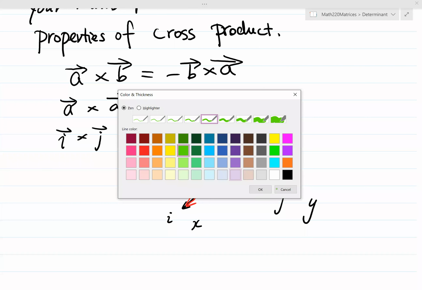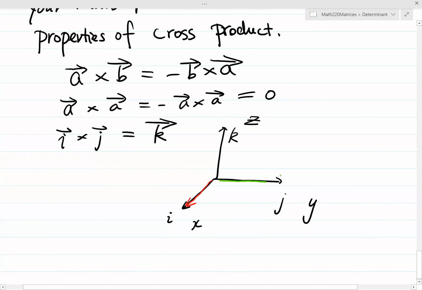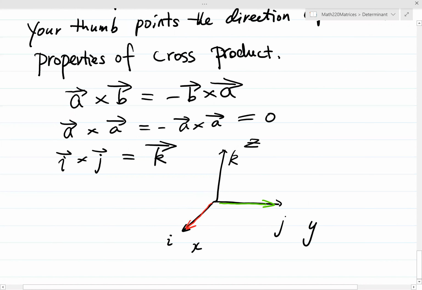If you curve the fingers of your right hand from red to green, your thumb points in the direction of Z. So this is a right-handed coordinate system.